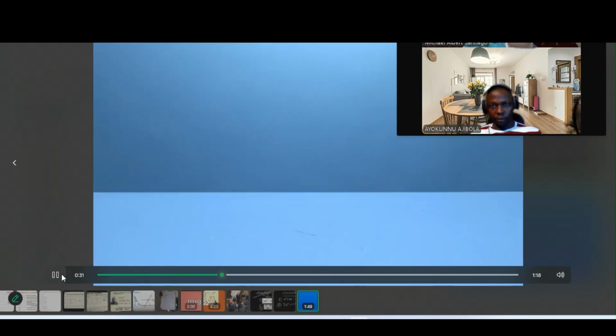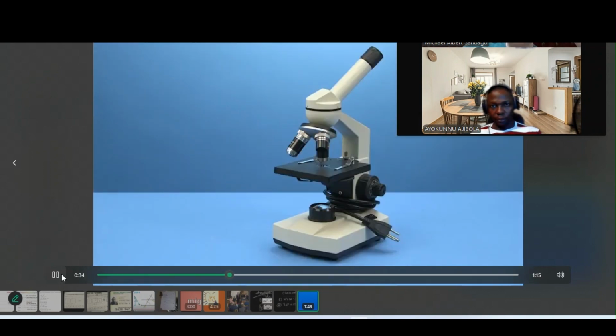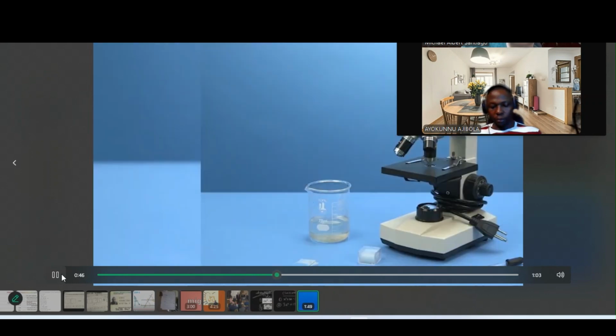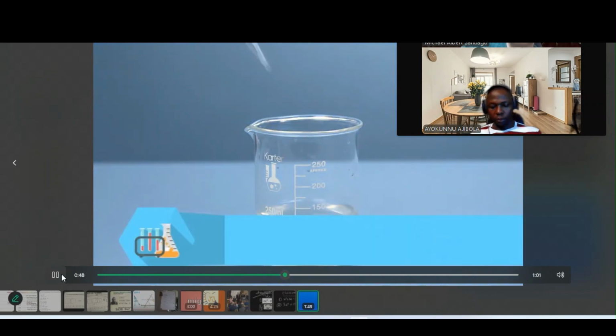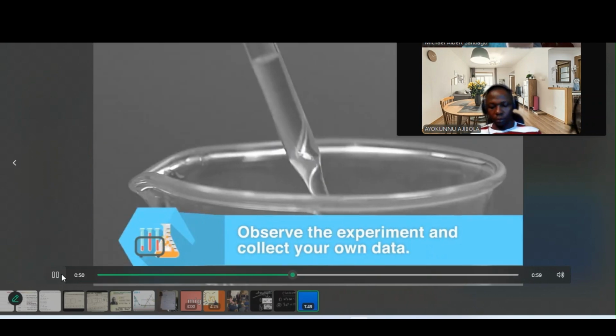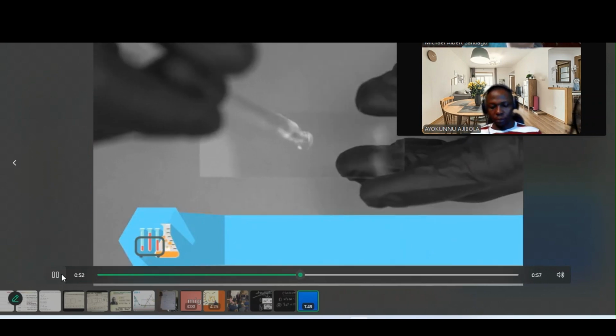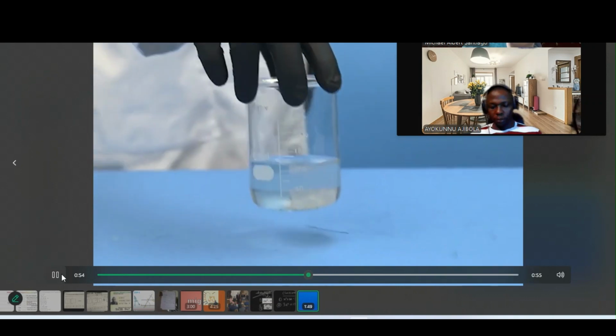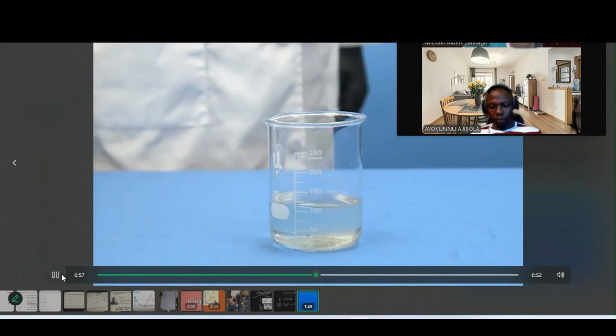The materials needed are a microscope, a slide cover, an eyedropper, a beaker with 100 milliliters of water from a pond. Your job is to observe the experiment and collect your own information from this demonstration. A sample of water has been collected from a pond.